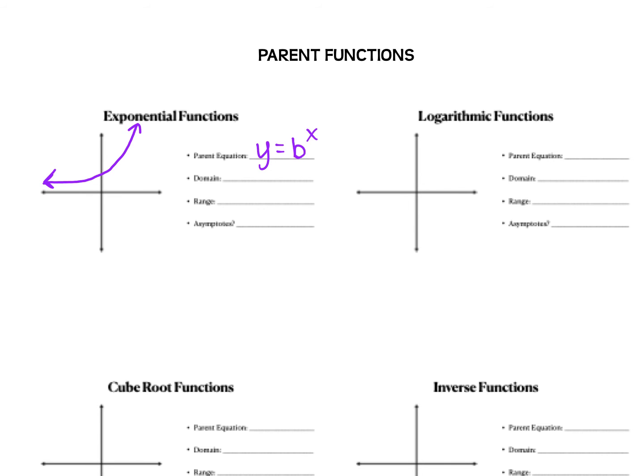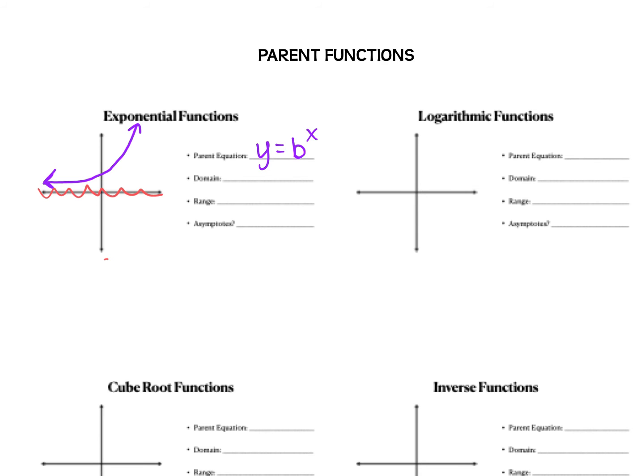Okay? And we'll get to domain and range in a second, but I do want to point out that this line right here, the x-axis, is a place where this graph is going to get closer and closer and closer to, but never actually touch. That is an asymptote, okay?